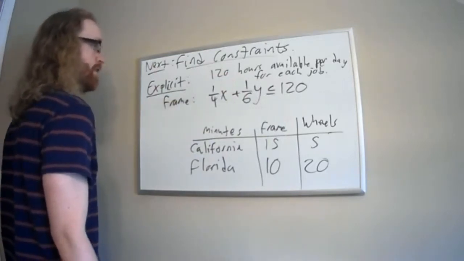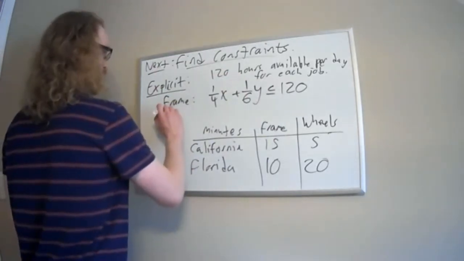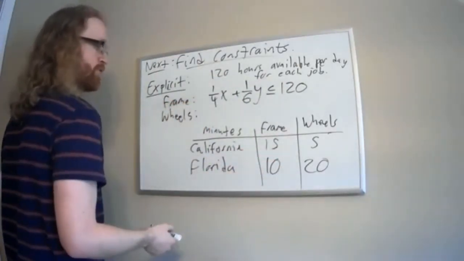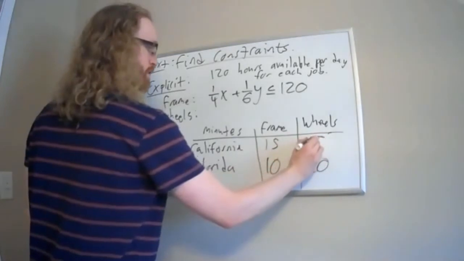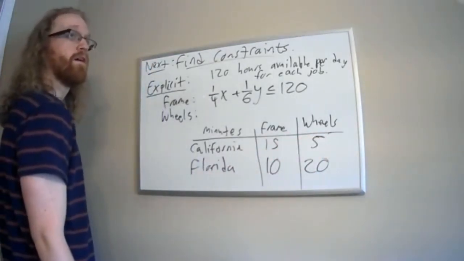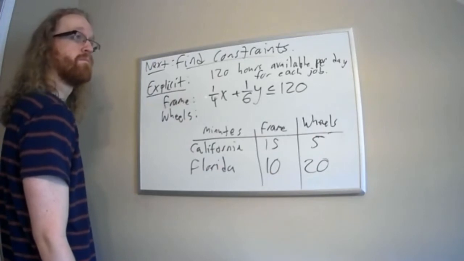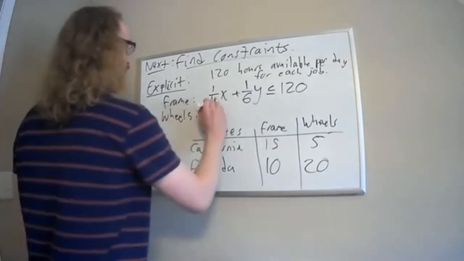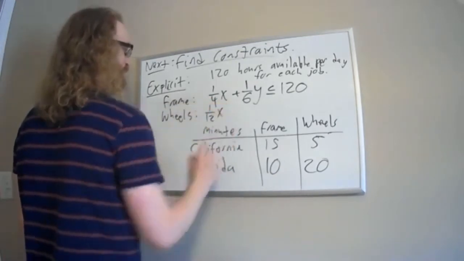Okay. I do the exact same thing for the wheels. I convert these minutes into hours. So what's 5 minutes? 5 minutes is, hang on, is that 1/12? 1/12 of an hour, if you will.